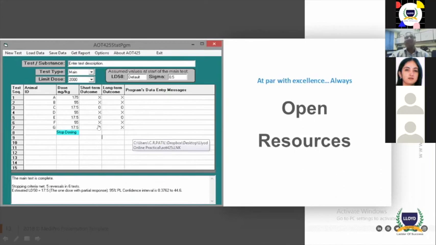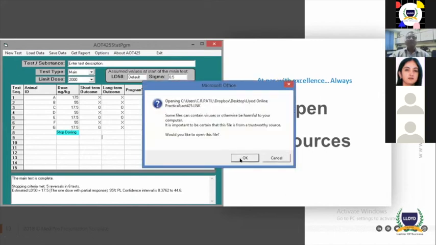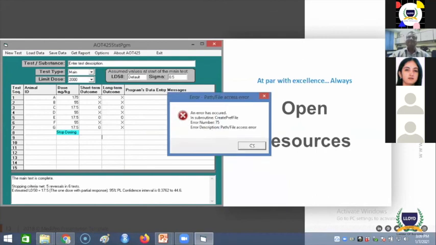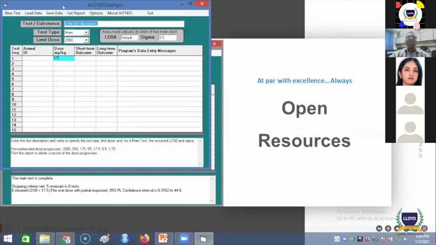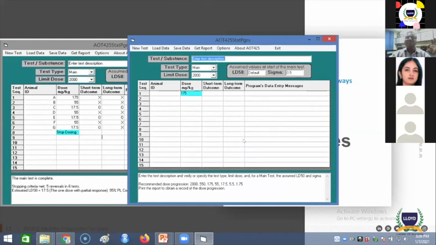It is available on OECD website, using which you can demonstrate the practical of toxicity testing as per OECD guideline. Okay, and your students can have the feel of using exactly standard software which is used at international level, which is used even in industries. Using this, your students can calculate the values for toxicity testing or LD50.